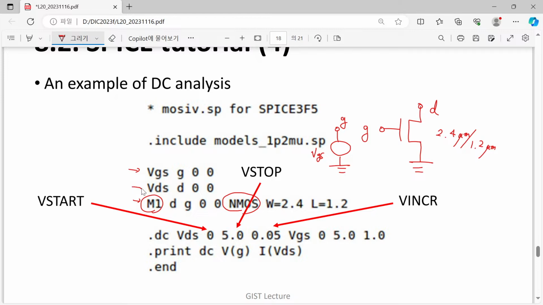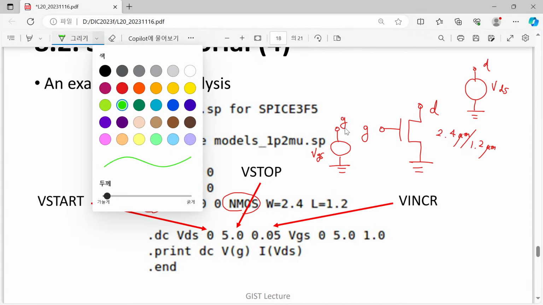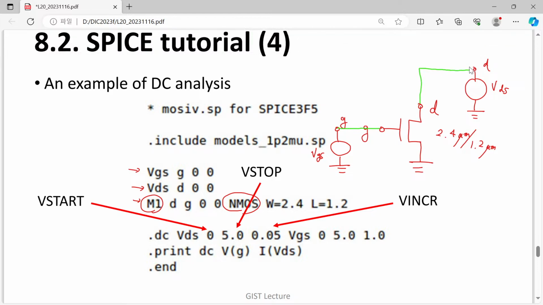And you have another one called VDS. It is also connected to the drain and ground. So when we connect them, we can find quite an obvious circuit where two independent voltage sources are connected to the gate and drain of our M1 MOSFET.